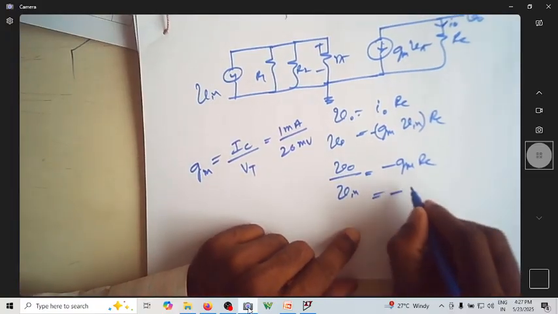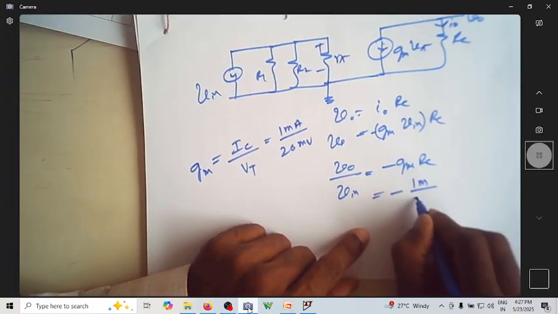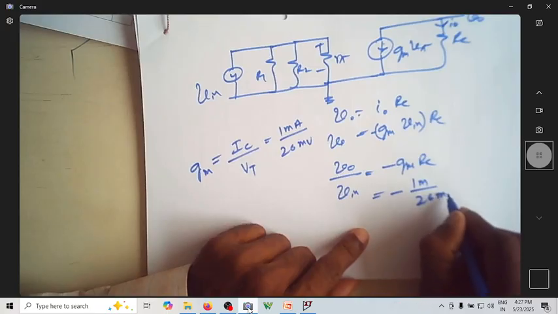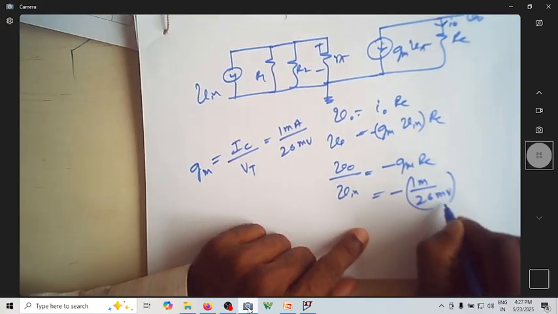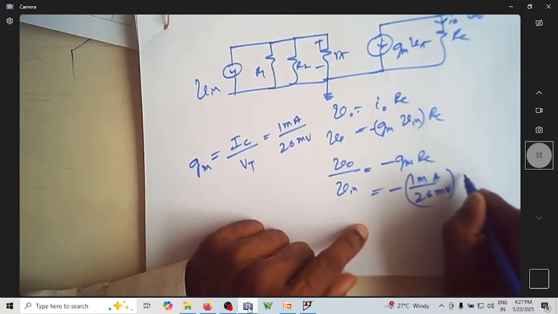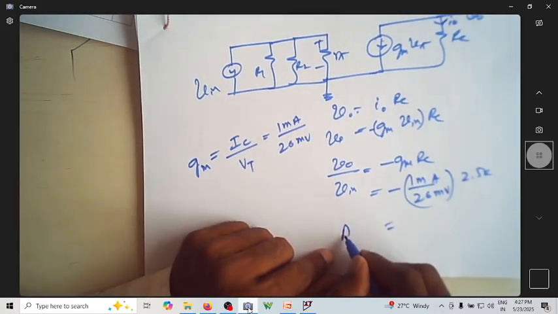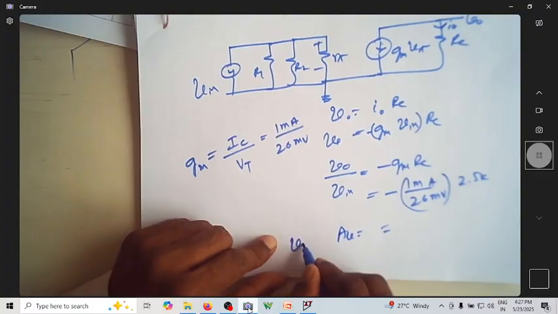So minus 1 milli by 26 millivolt is your gm, multiplied by Rc, which is 2.5 kilo. If you substitute all these things, this is your Av, the voltage gain.